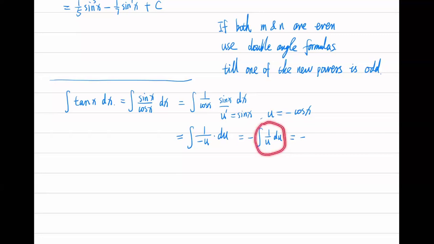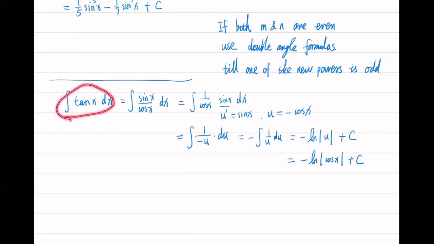Log, yes. Okay, log. Because u may be negative, we use absolute value, as long as it's not 0. Then we switch back to x. Okay, so this is the integral of tangent x.